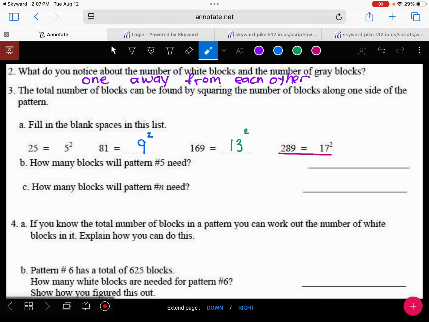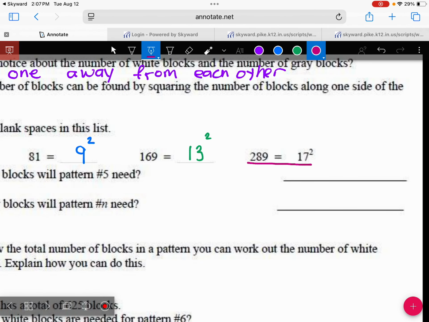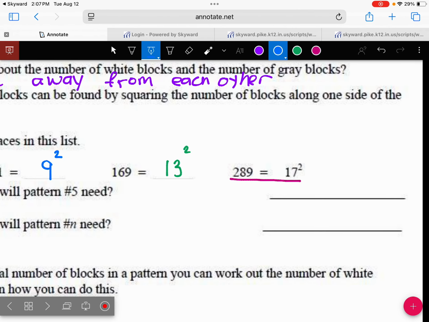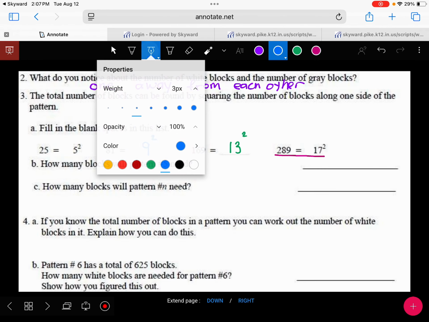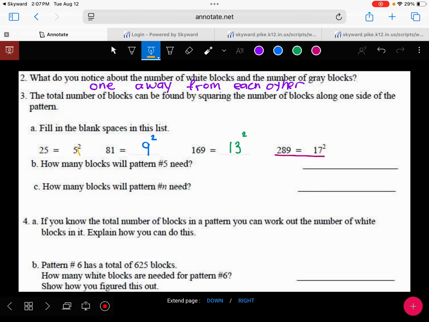So the next thing they're asking us is how many blocks would pattern number 5 need? What would the next one be? So they took the 5 and added 4. We took the 9 and added 4. So if I wanted to know what my next piece was, I would take my 17 and add 4 to get 21, and then we would square it.